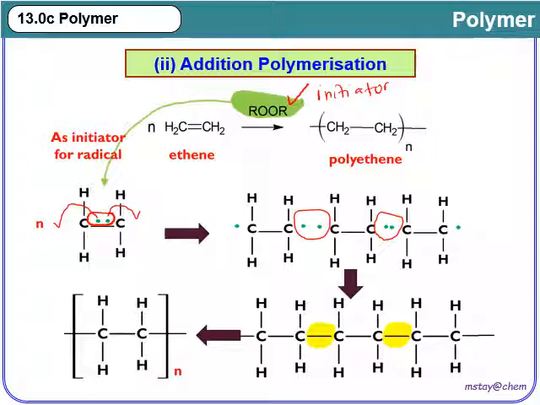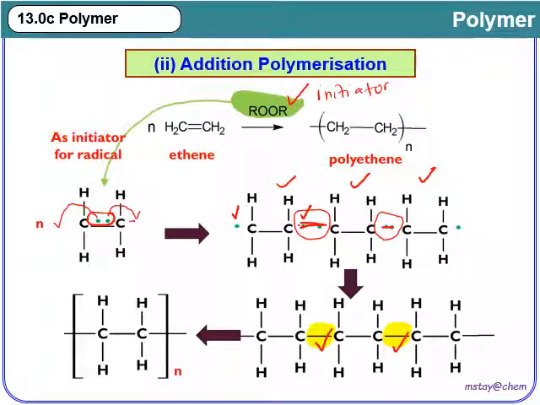So one electron will go to here, and another electron will be at the left-hand side. If you try to imagine you have a few monomers, they will do the same thing, so you will get this repeating unit. So the two electrons will connect to form a single bond.